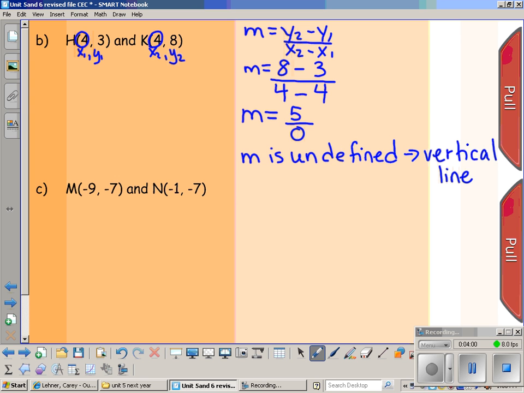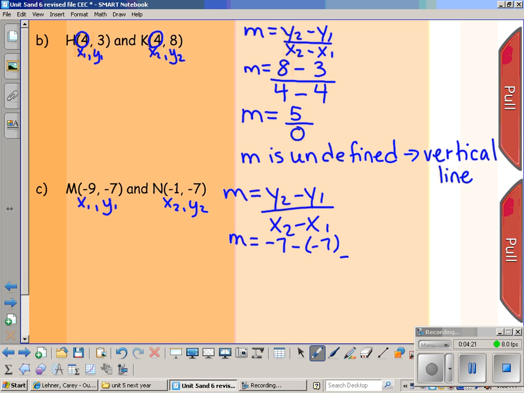All right, let's look at example C. Again, we start with our slope formula. We can label this x1, y1 and x2, y2, and we substitute into the appropriate spots. So y2 is -7, y1 is -7, so we're subtracting a -7. x2 is -1, and x1 is -9, so subtracting a -9.